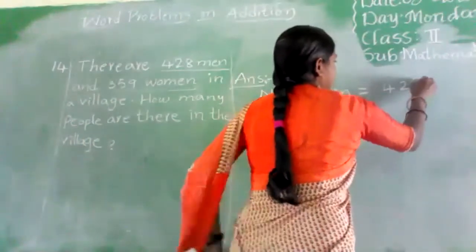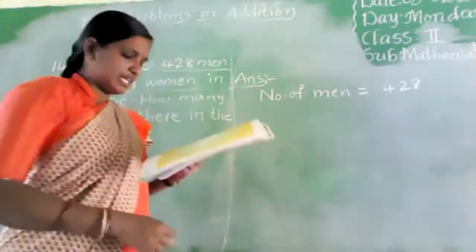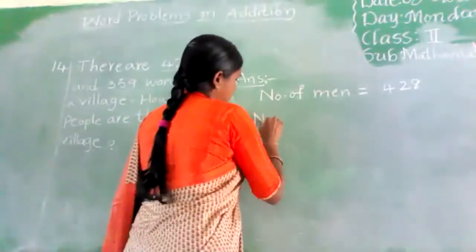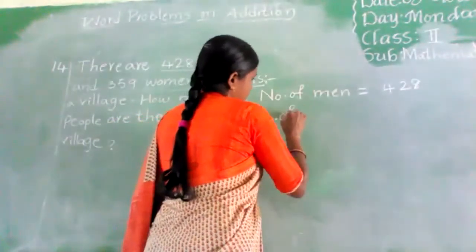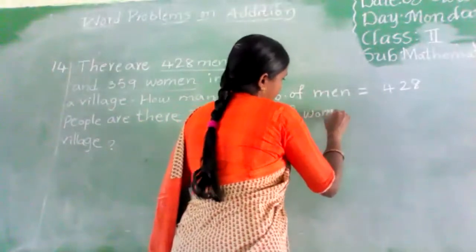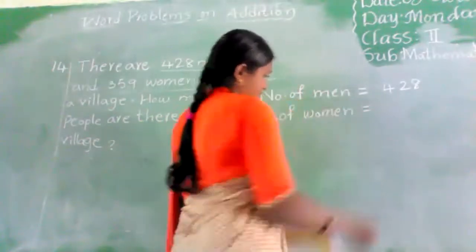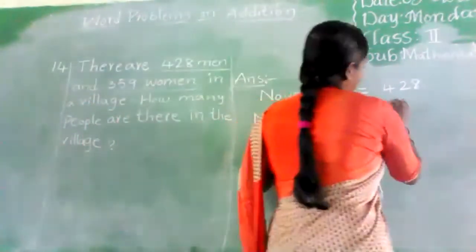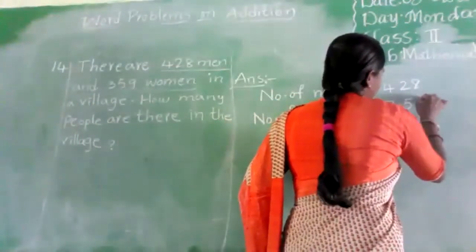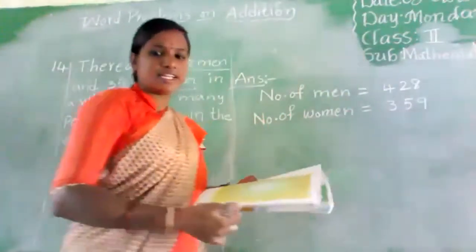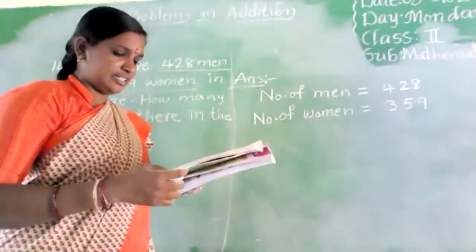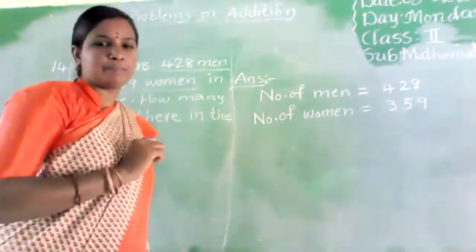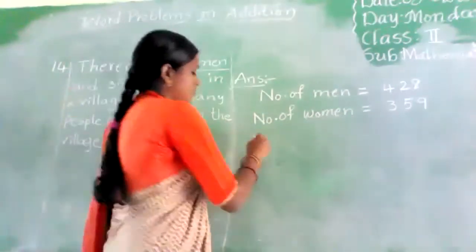Next, number of women: 359. Next, total number of people.